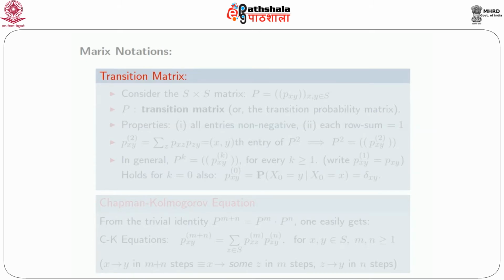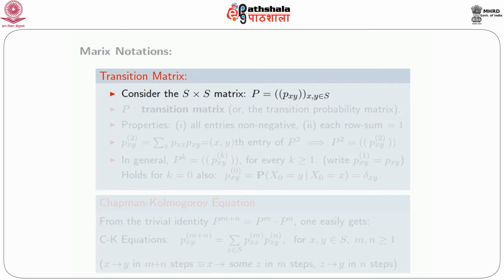So firstly, the transition matrix. We have these transition probabilities Pxy for a Markov chain. Consider this S cross S matrix, which I call P. By S cross S I actually mean, it's an abuse of notation, the cardinality of S is the order of the square matrix, and the xyth entry of that matrix is Pxy.